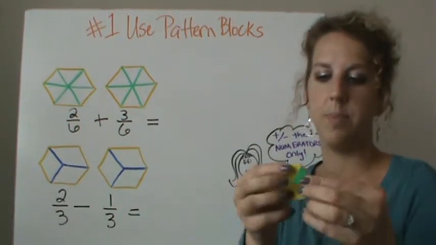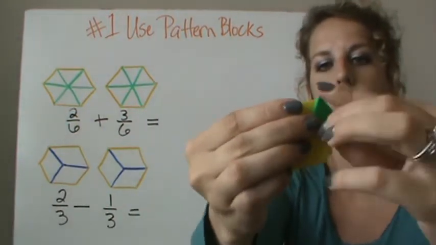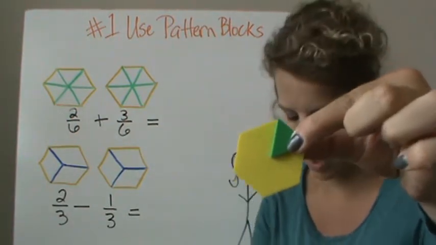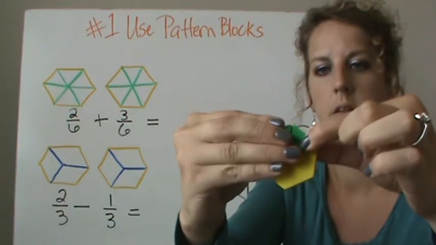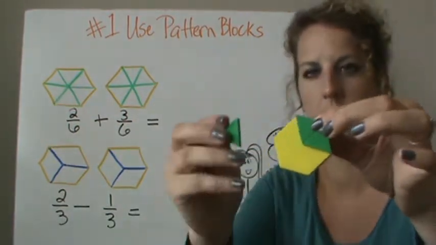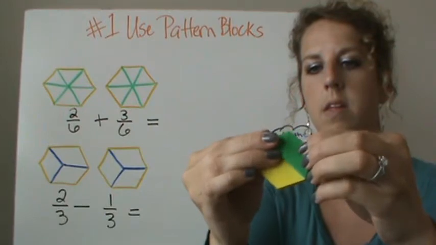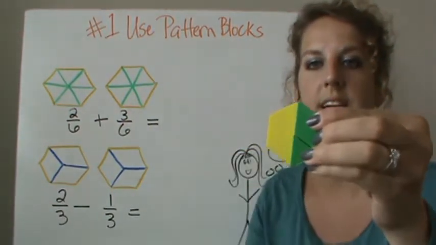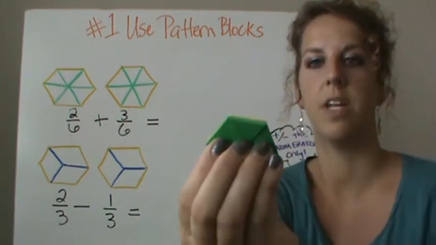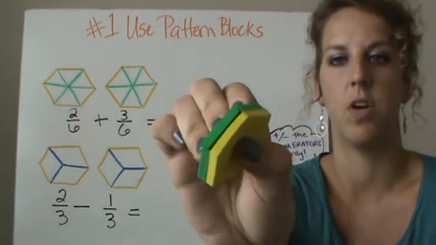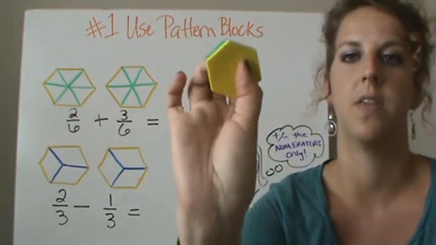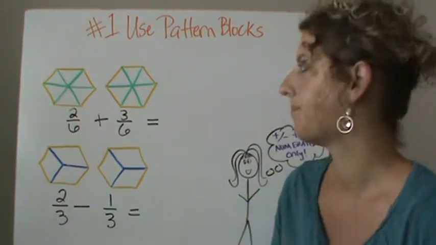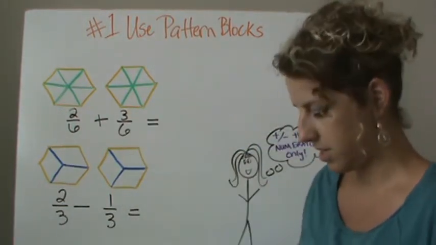So if I were to place the triangle onto the hexagon and I line it up perfectly, there's 1, 2, 3, and if I keep going, I know that 4, 5, 6, there will be 6 that fit perfectly without having any space left over. They fit perfectly. Nothing's hanging off the back, and I would fit 3 more on there. So I've done that on here to show.